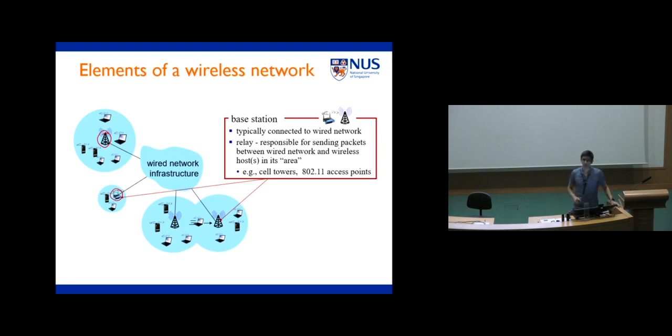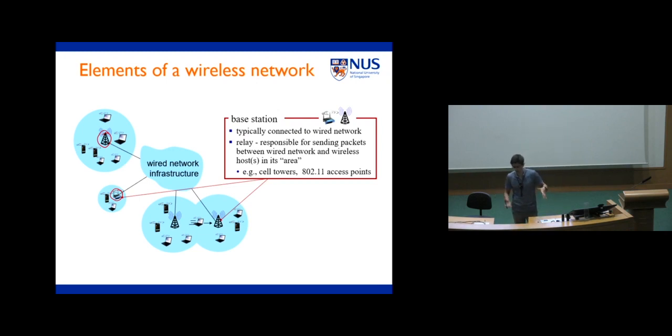And typically, the function of these base stations is to relay packets to and from these wireless hosts. So there is a network elsewhere, maybe the internet, and these base stations are connected to the larger internet, typically via a wired backbone.